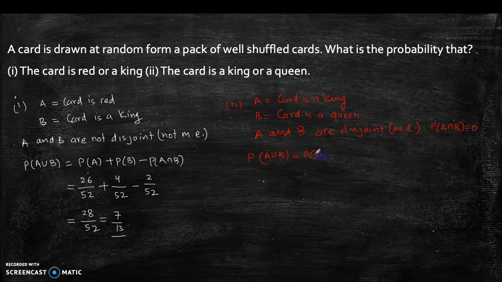And that is going to be the probability of A plus the probability of happening of B. And I know there are 4 kings, so 4 by 52. And there are 4 queens, 4 by 52. So that is going to be 8 by 52. It's going to be 2 by 13. That's it.